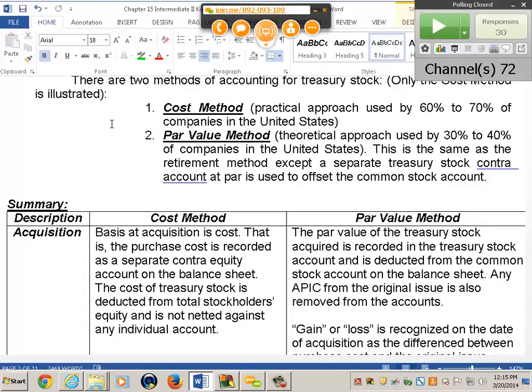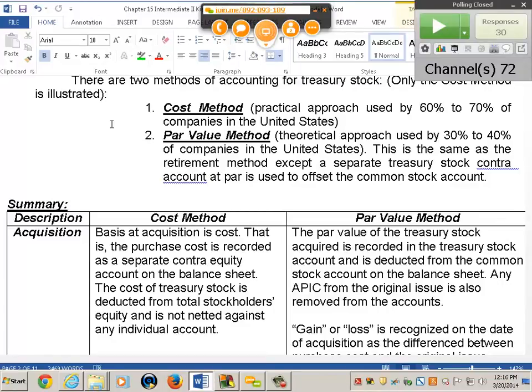But first, let's understand the theory, and the same theory applies par value or retirement, and IFRS has the same methods. When we use the cost method, the basic issue is how do you value or how do you record the transaction when you buy it?